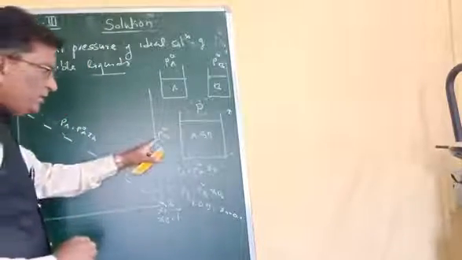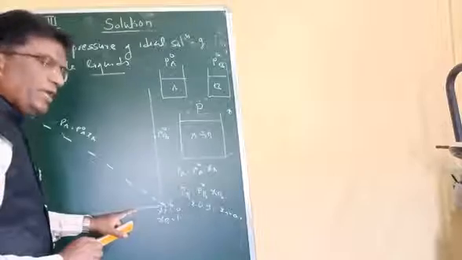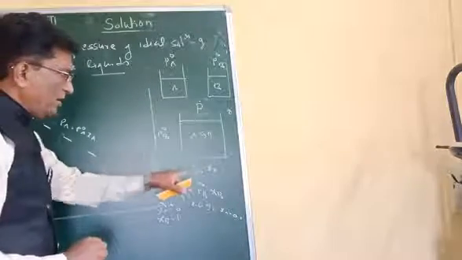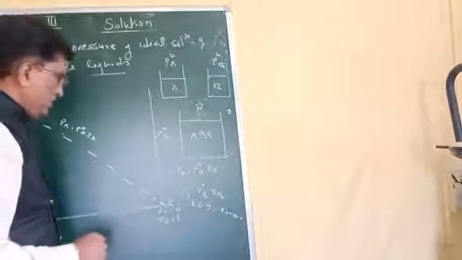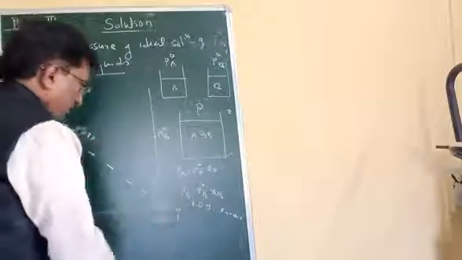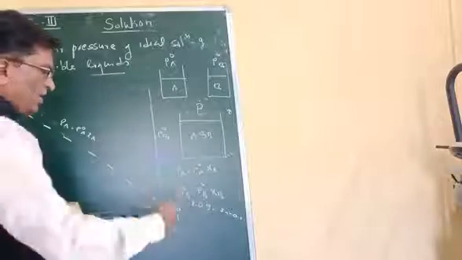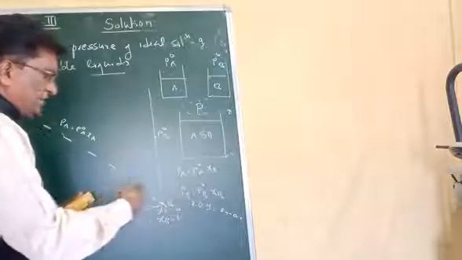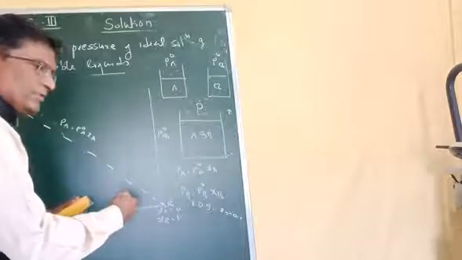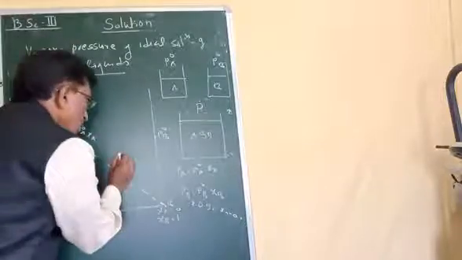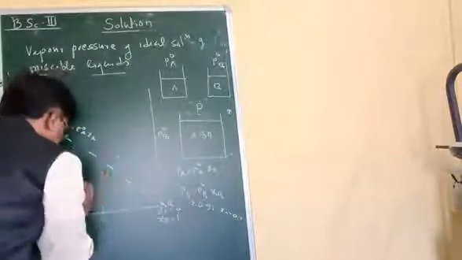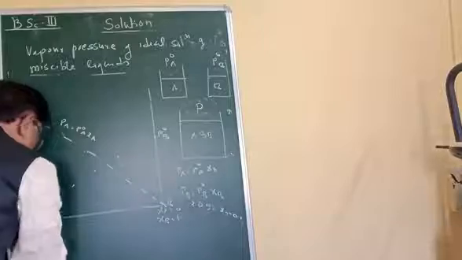That means the vapor pressure of a component in solution decreases on addition of another component, and therefore if we go on adding A to this solution, the composition of A increases and the composition of B decreases, and therefore we will come across this dotted line.